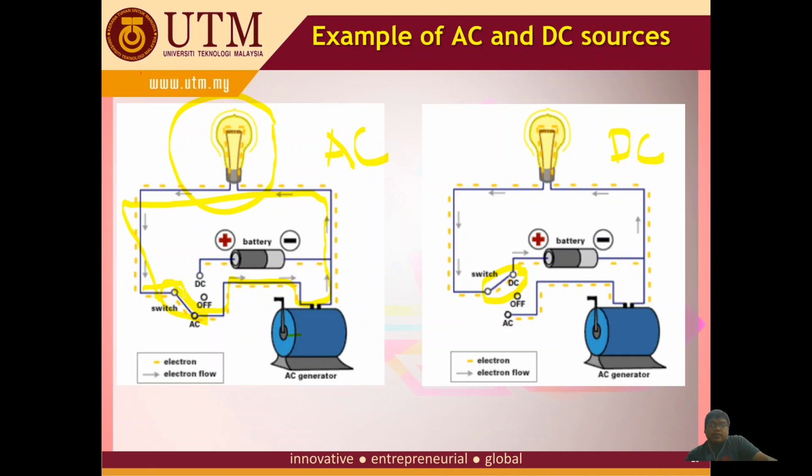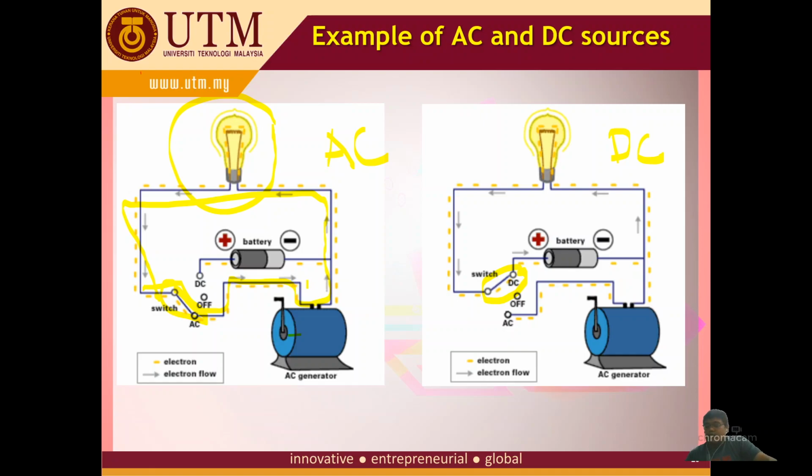So the difference between AC and DC is that AC is based on alternating current. AC stands for alternating current and DC stands for direct current. So direct current is flowing from positive to negative, while AC is flowing in both directions. So there is no positive or negative for an AC system.